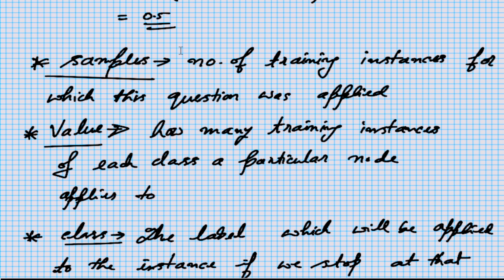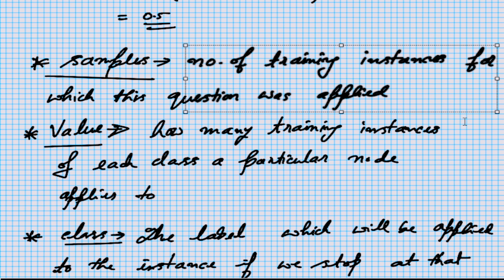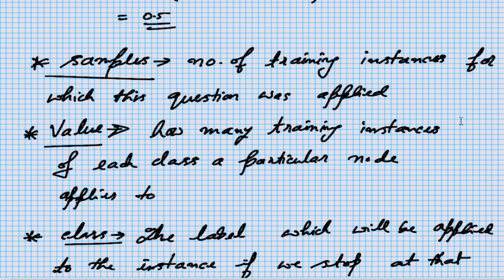This represents the total number of training instances to which that particular question is applied. Initially you have all the samples present, so 150. The first question was asked for all the 150 samples, out of which 50 said yes and 100 said no. For the next layer, when you ask a question, samples equals just 100, because 50 are already out.